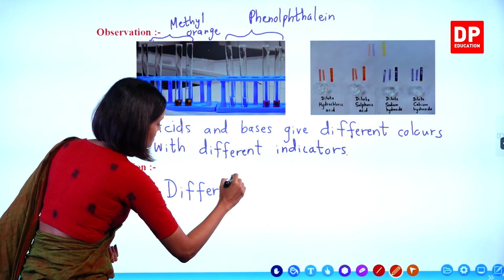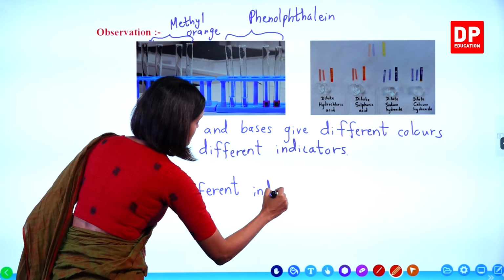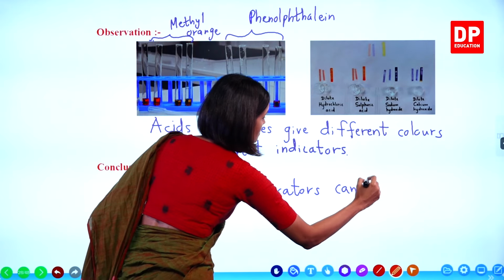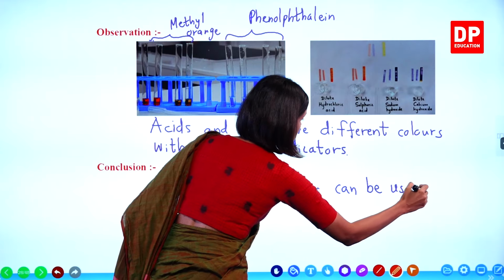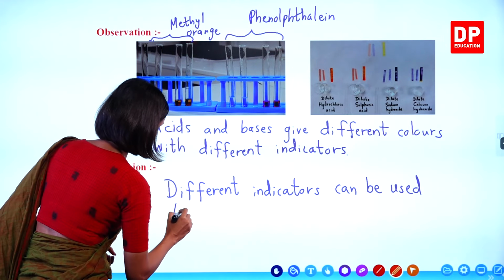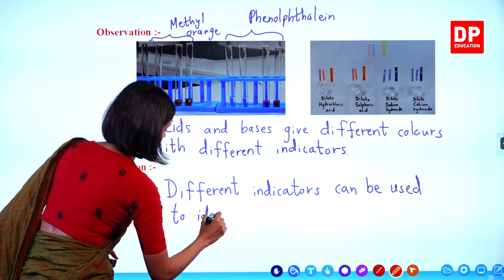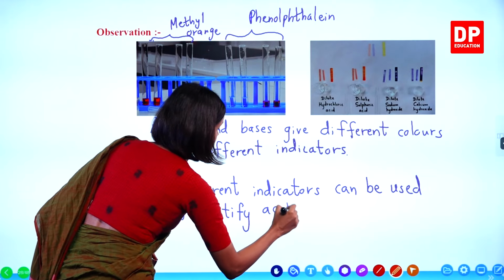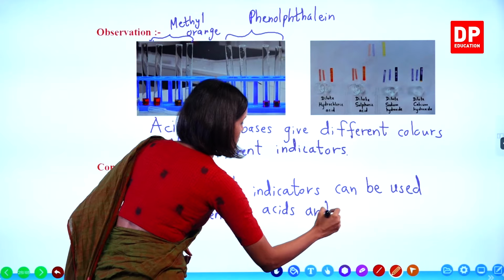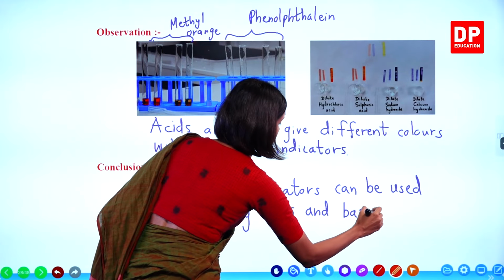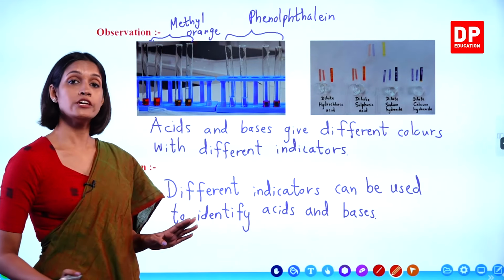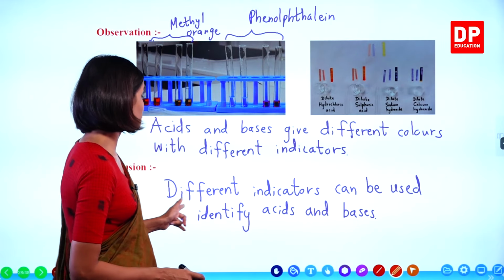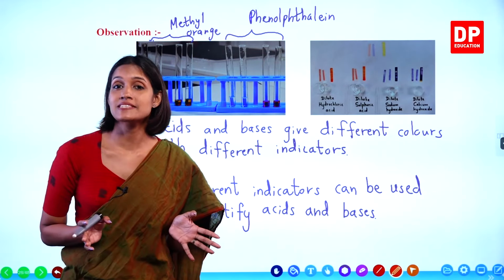Different indicators can be used to identify acids and bases. Okay, so the conclusion is different indicators can be used to identify acids and bases.